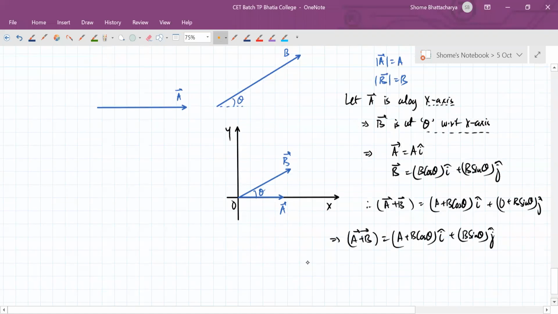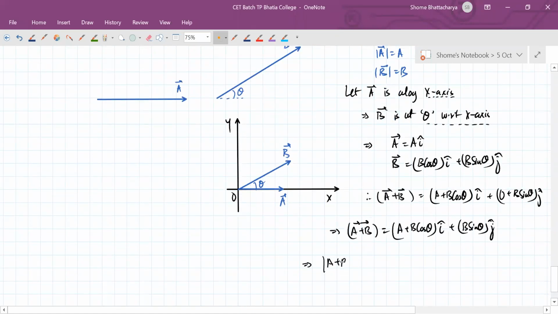So the magnitude of A plus B is just going to be the magnitude of this x component whole square plus this y component whole square.